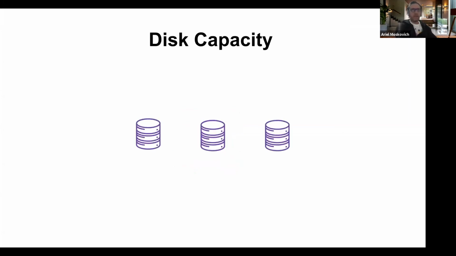And another thing that is a little bit tricky, maybe trickier than the others, is disk capacity. The reason it is tricky is that not all topics are born equal. There are topics that have higher retention than others. There are topics that have higher throughput.